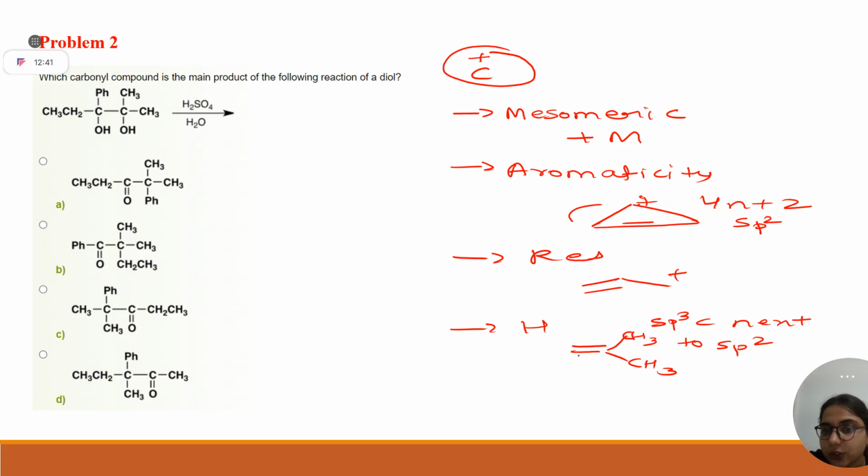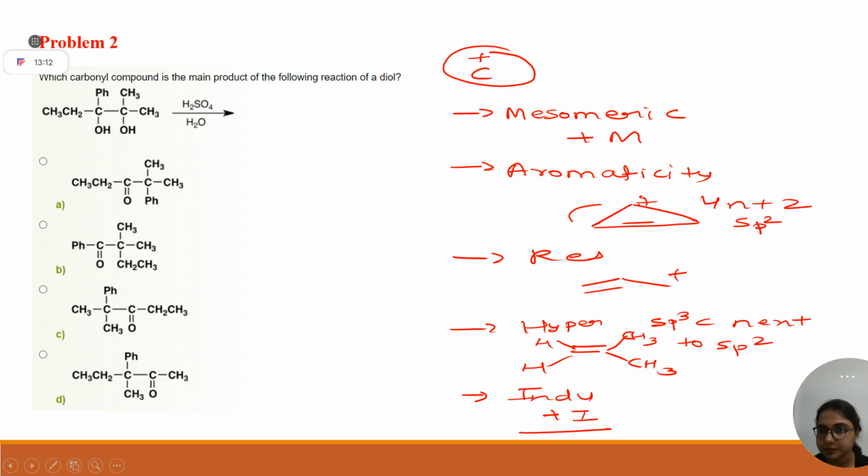So this olefin has how many hyperconjugation, students? 3 and 3, six hyperconjugation, right? And last is your inductive effect. Obviously, plus I is going to stabilize your carbocation.